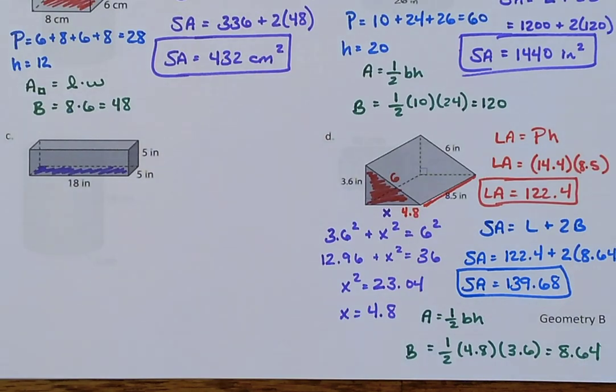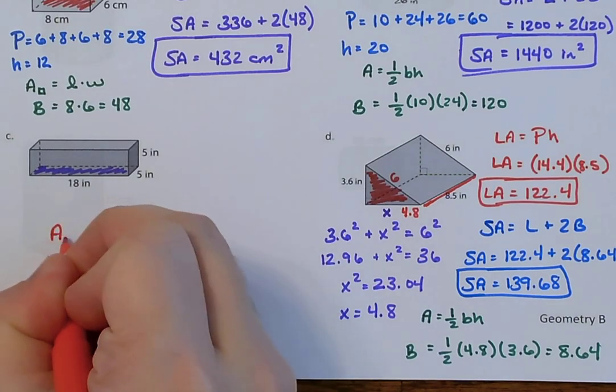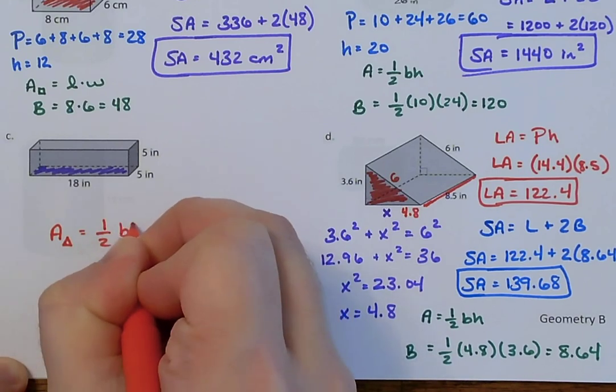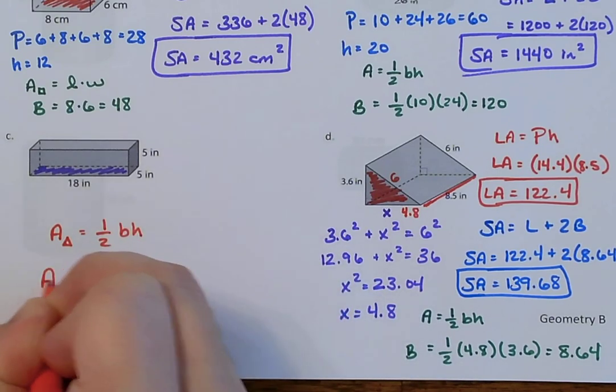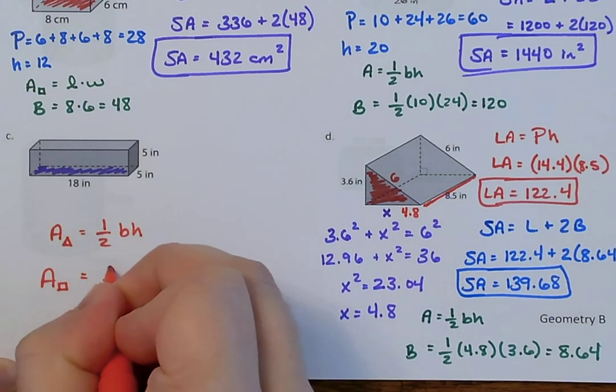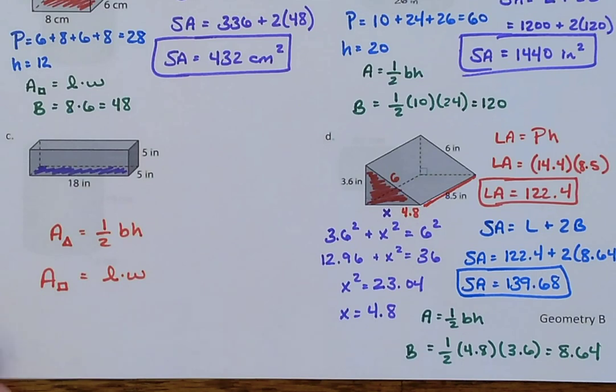The most extensive you will have to deal with is triangles or rectangles for prisms. Just a refresher, area of a triangle is 1/2 base times height, and area of a rectangle is length times width.